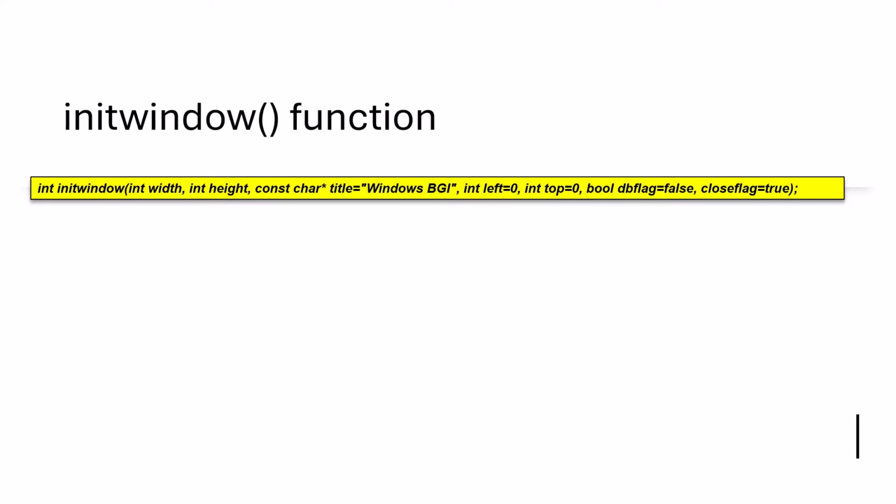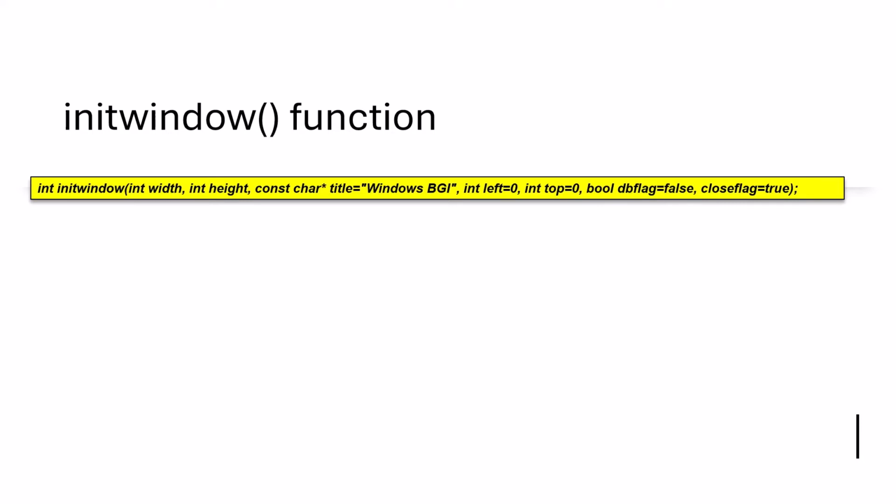Right now you may choose to not have a title, in which case you need to put in the quotes with a space, because if you don't, then you have essentially an empty set of quotes, which means you will not be able to close the window, and I'll show you that when we write the code. Int left and int top, of course, refer to the top left corner of the window. DB flag refers to the double buffering flag, that has to remain as false. Close flag should always be true, so that we have that X button which allows us to close the window, right?